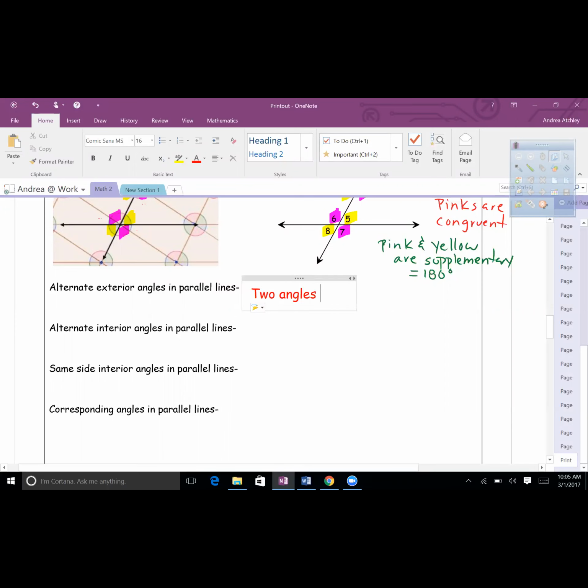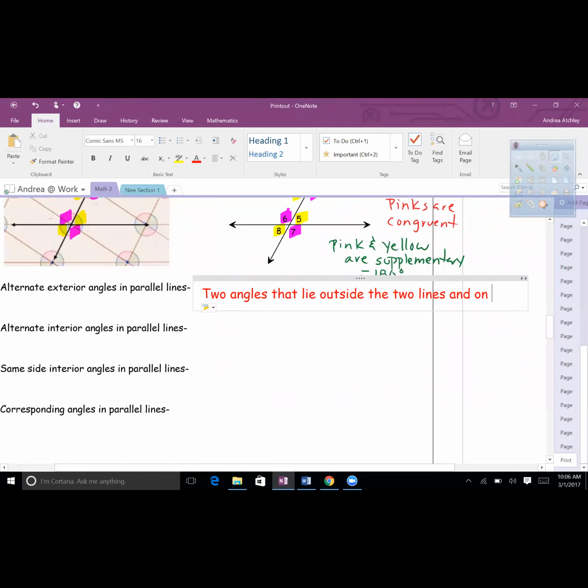Two angles that lie outside the two lines and on opposite sides of the transversal.